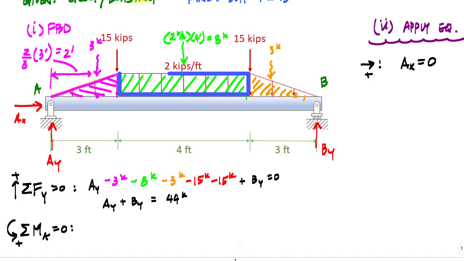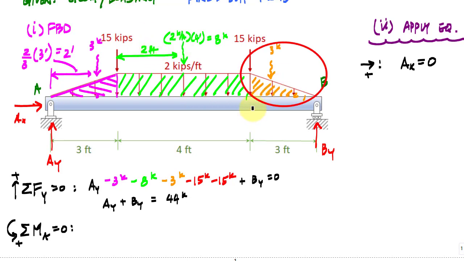And then here, the center of this resultant, from the beginning, the centroid would be at 2 feet, right in the middle, halfway. And similarly here, the location of the resultant is 2/3 from its thin end. So this would be 2 feet and 1 foot here.